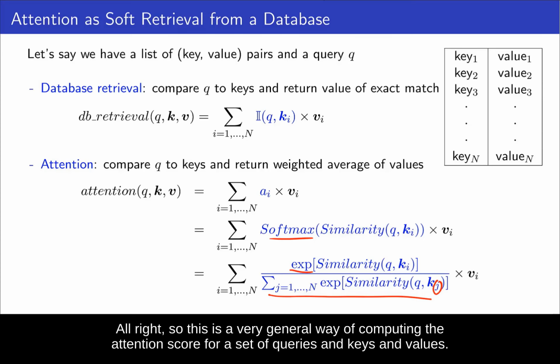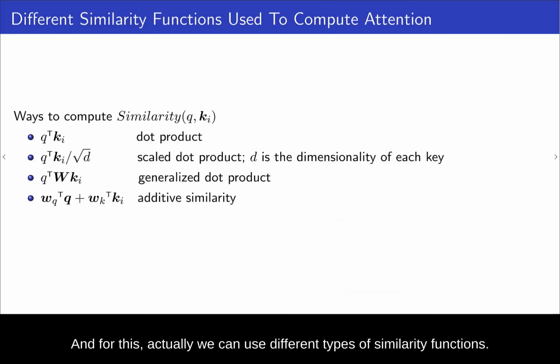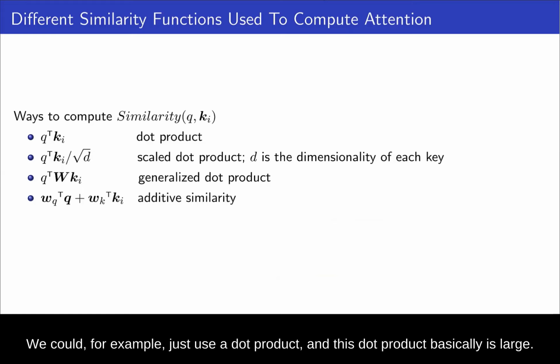All right, so this is a very general way of computing the attention score for a set of queries and keys and values. And one component that is not fully specified here is, well, what is actually the similarity score between a query and a key? And well, for this, actually, we can use different types of similarity functions. We could, for example, just use a dot product, and this dot product basically is large.